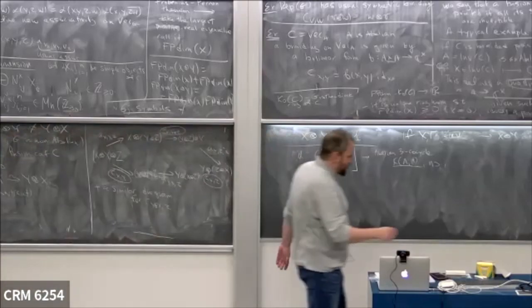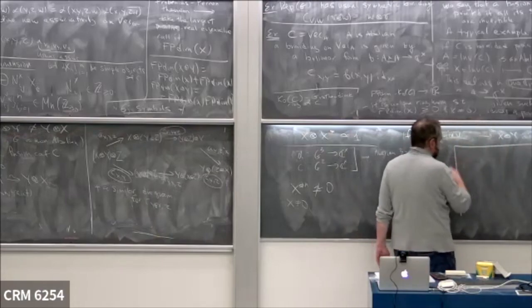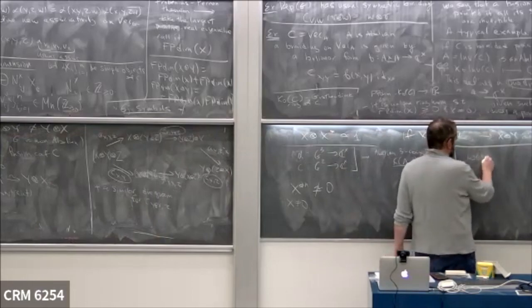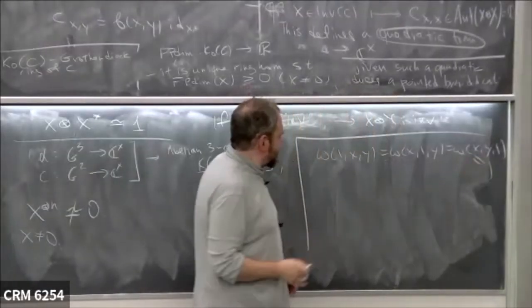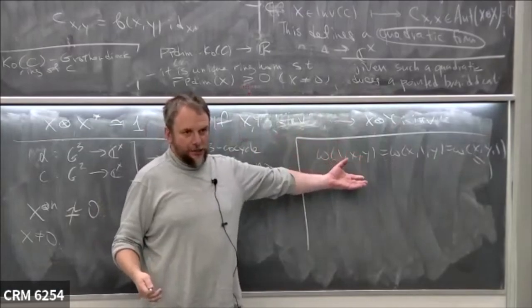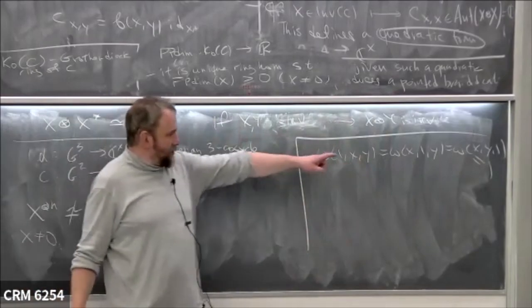That's a good question. You normalize the 3-cocycle by the condition that if one of the arguments is 1, then it's equal to 1. And this can always be achieved because any 3-cocycle is cohomologous to such a thing. I didn't mention it, but it's not just a 3-cocycle, it's a cohomology class. If you replace alpha by a cohomologous thing, you get an equivalent category. So you just normalize this, since every cocycle is cohomologous to a normalized one.